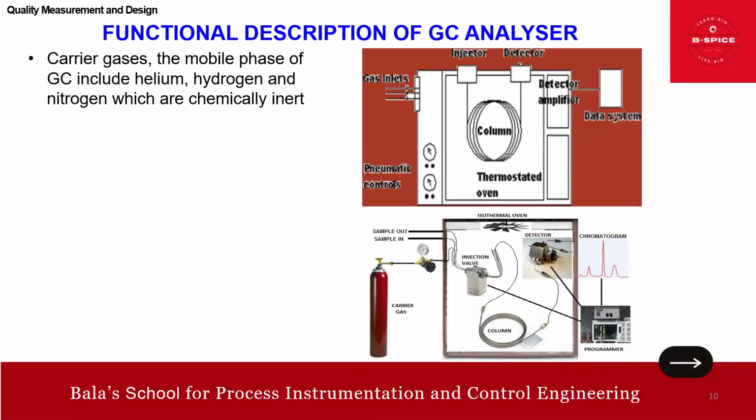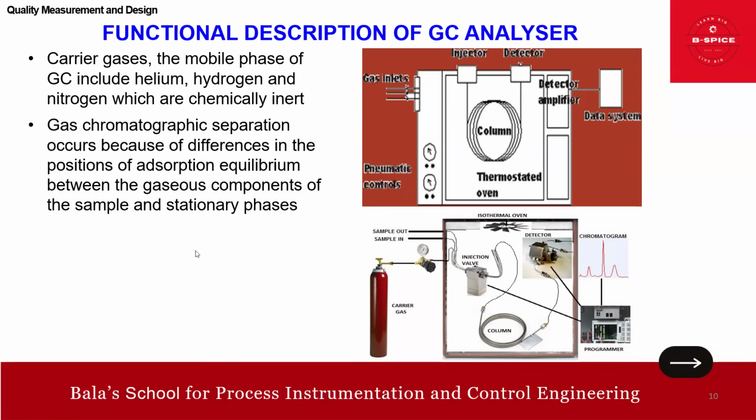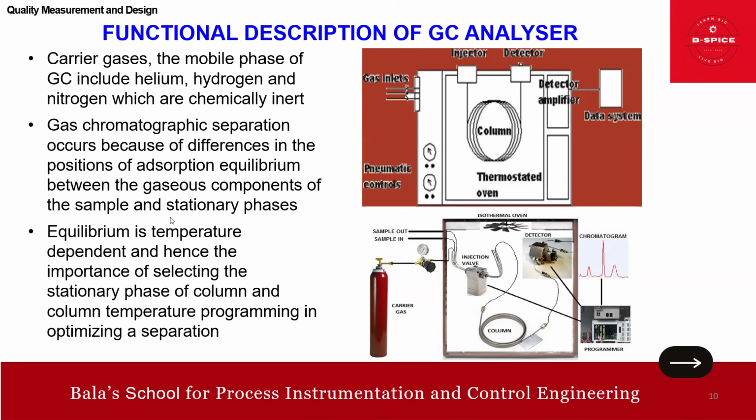The carrier gas, the mobile phase of a GC, includes helium, hydrogen and nitrogen, which are chemically inert. Gas chromatographic separation occurs because of differences in the position of adsorption equilibrium between the gaseous components of the sample and the stationary phase.